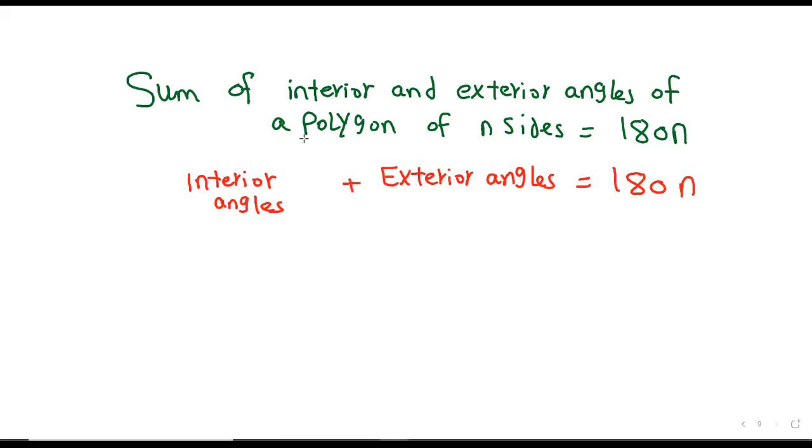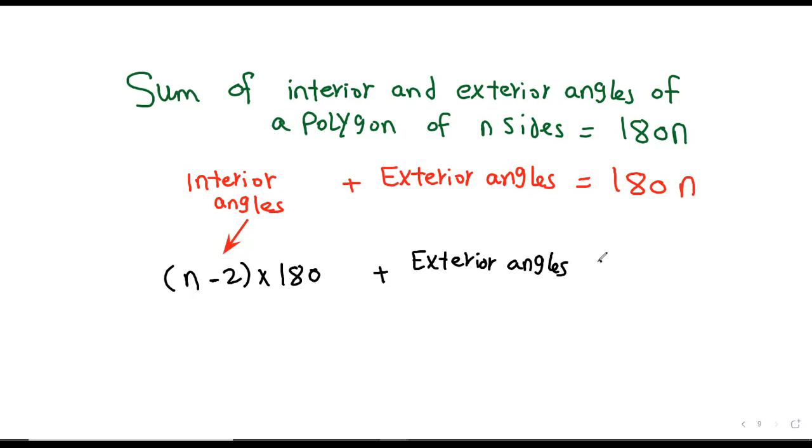And as you know, if you remember, the sum of interior angles equals n minus 2 multiplied by 180, plus the exterior angles equals 180n.